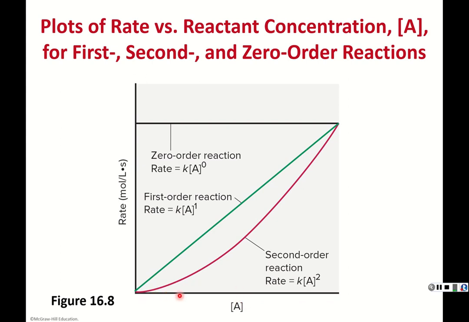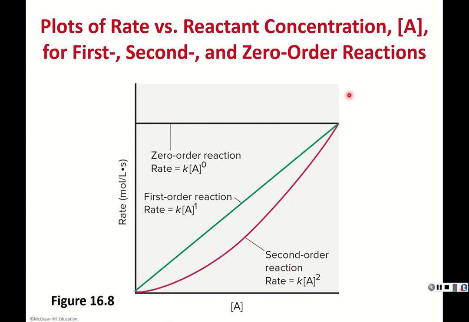For a zero order reaction, the rate stays constant as you increase A. For first order, in green here, the rate increases linearly with A concentration. For second order, the rate goes up sort of exponentially as A is increased.